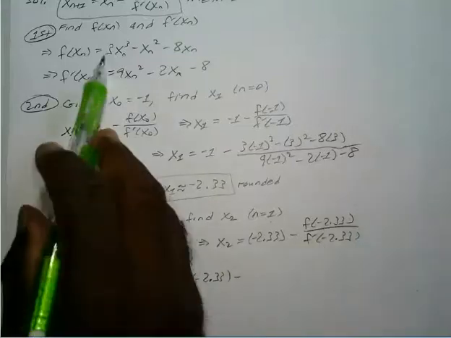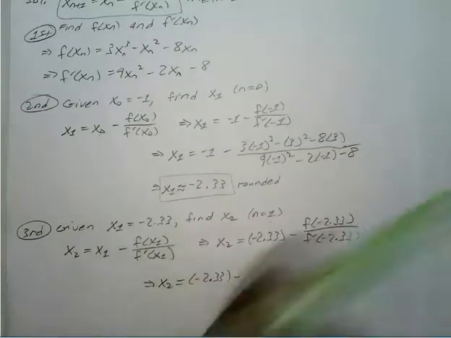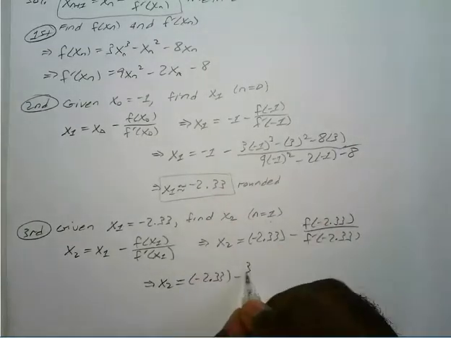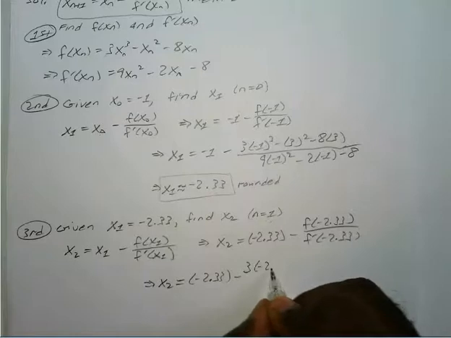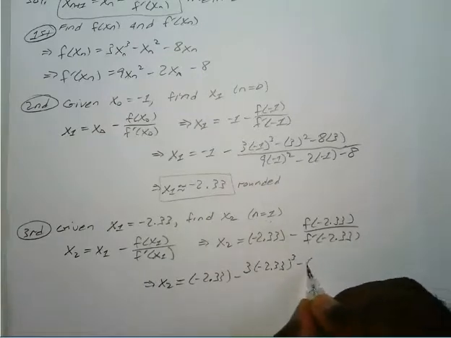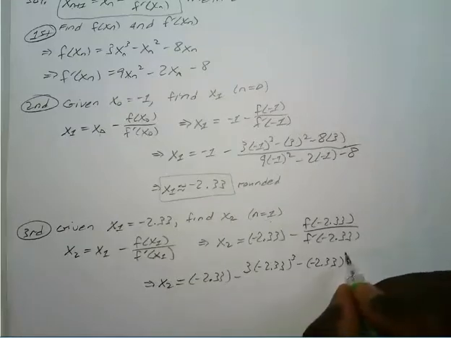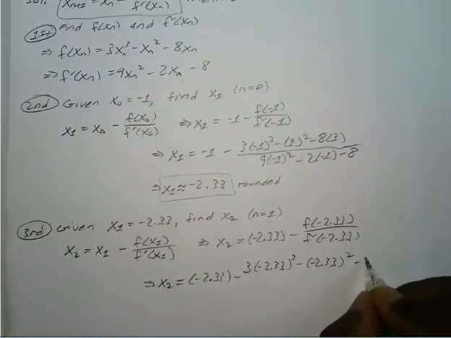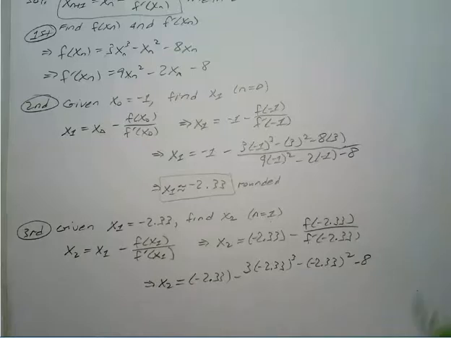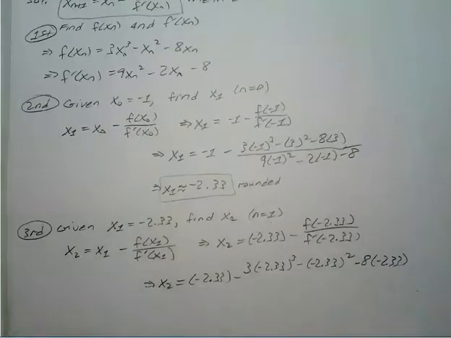That's going to be 3 times negative 2.33 to the third power minus negative 2.33 squared minus 8 times negative 2.33.